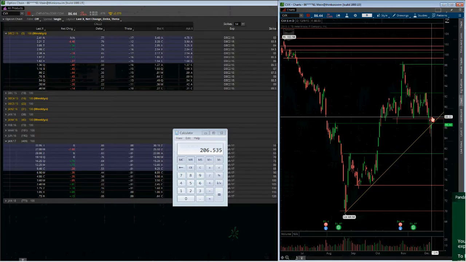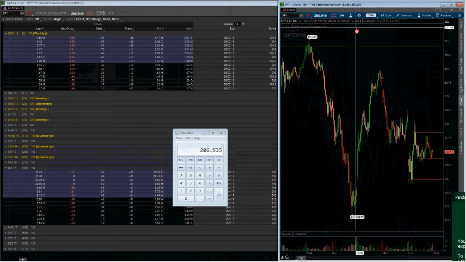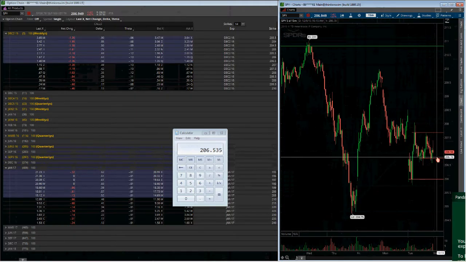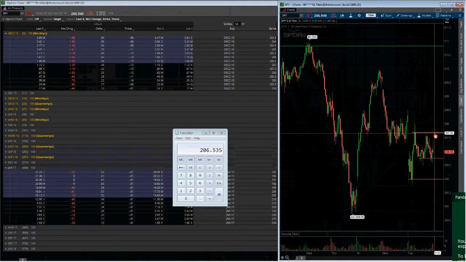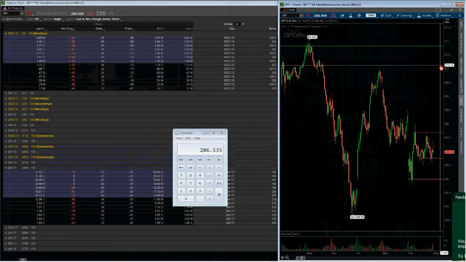So let's kind of think about that. If I'm needing a gap just to break even for that next day, making sure that gap is still above my support or below my resistance means that there would be money made if it gapped beyond my support or beyond my resistance.